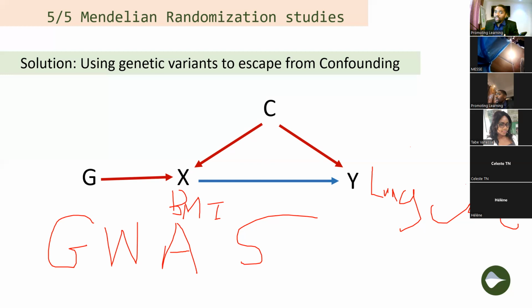The third thing that we should take into consideration is that the candidate genes for Mendelian randomization studies should not have any link with confounders of this XY relationship. Generally, we don't have ways of testing all these assumptions, but generally they hold and they give extraordinary results.